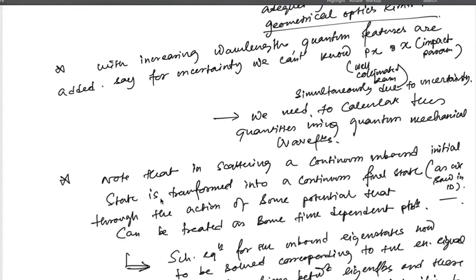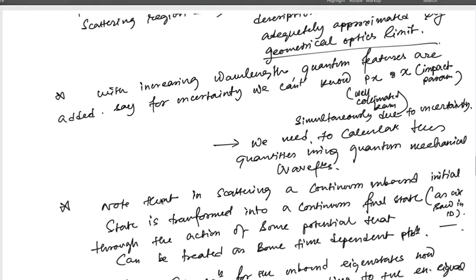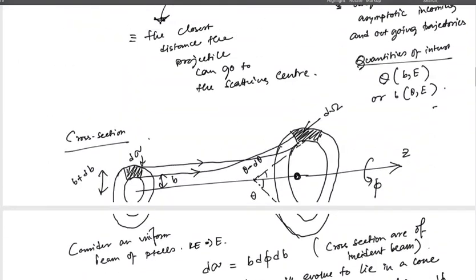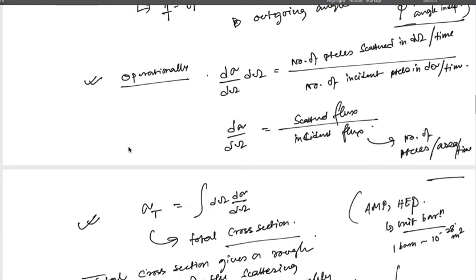Okay. Now with increasing wavelength, the quantum features get added. Then uncertainty comes into the picture. For example, if I consider this direction as the z direction, and this as the x direction, then this b, this width, is basically my uncertainty in the x direction, and it has an associated momentum in that direction, px.